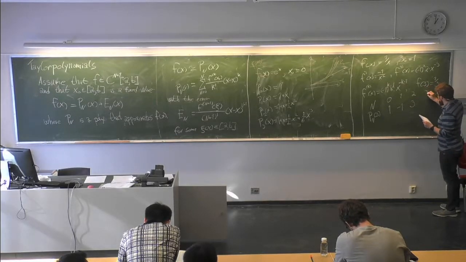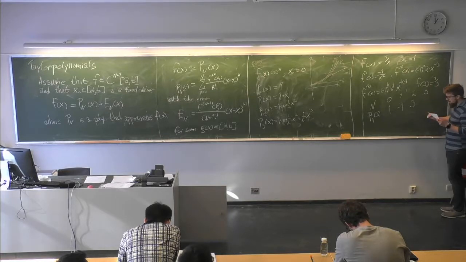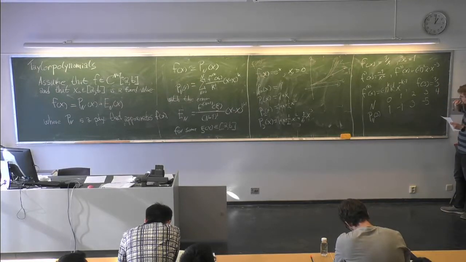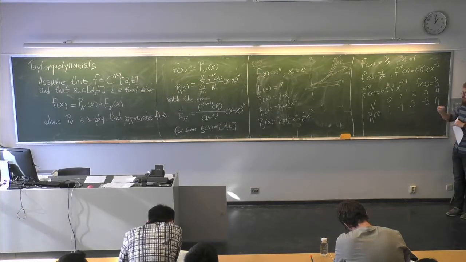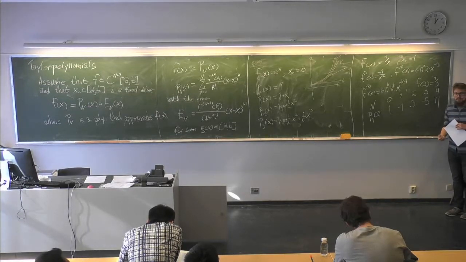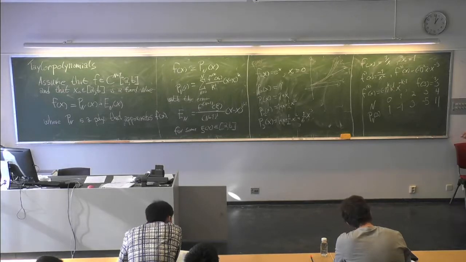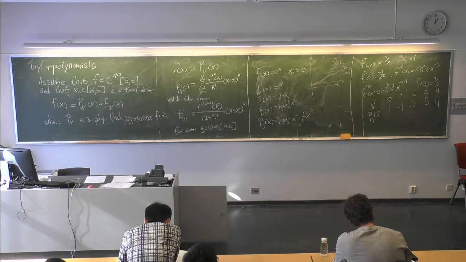If you have a polynomial of degree 3, we get minus 5. If you have a polynomial of degree 4, we evaluate this polynomial, we get 11, and so on and so forth. It's just going to be worse and worse and worse. So Taylor polynomials don't work in this case. So we need something better. We need a better way of constructing polynomials such that they can actually fit more functions.